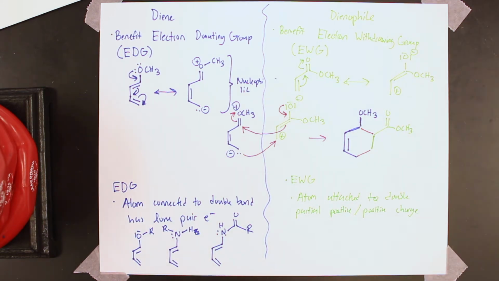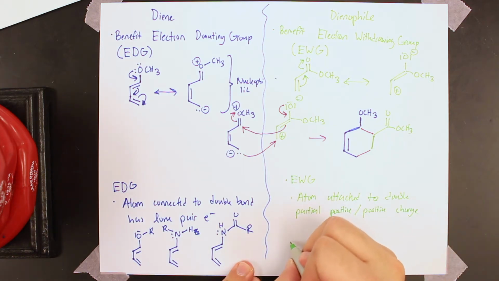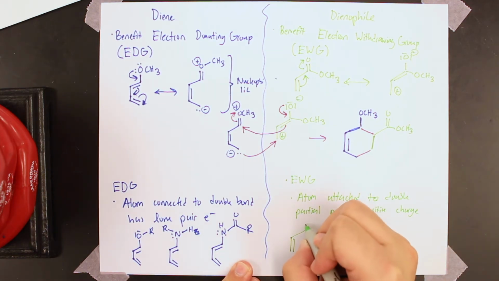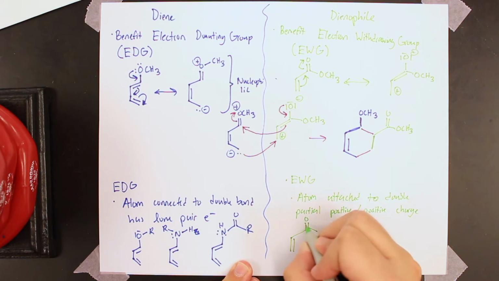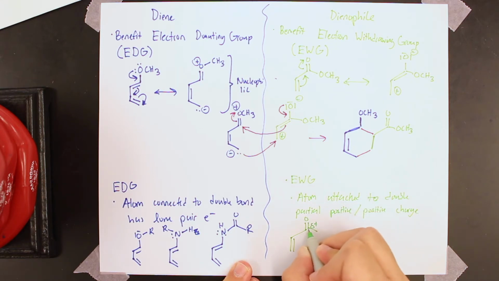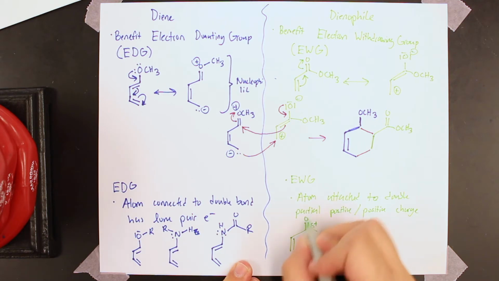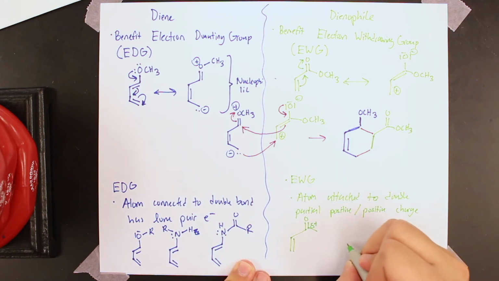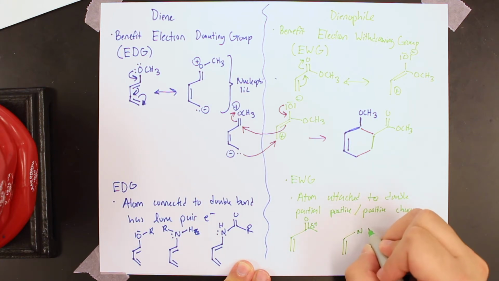Okay, an example of a partial positive would be a carbonyl compound, such as the methyl ester we used in the above example. Because of the dipole from this oxygen, that makes this carbonyl carbon slightly electron deficient. So you can see that this partial positive carbon is connected directly to the double bond, making it an electron withdrawing group.